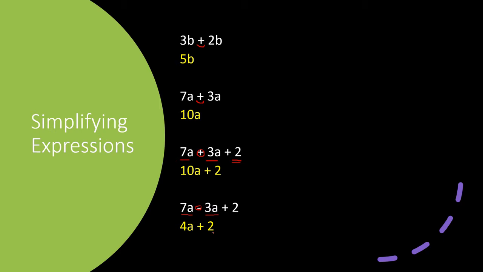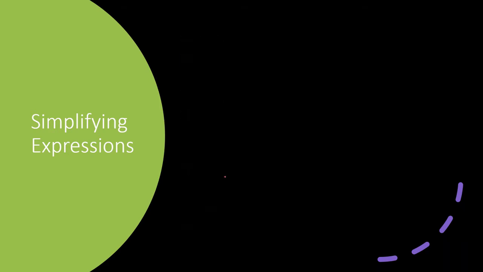Okay, let us look at other different examples. Now I have this expression, 6g minus 2g plus 3. As you can tell, these are like terms. We're going to combine them by subtracting them. 6g minus 2g is going to be equal to 4g, and that 3 is just going to come along for the ride. Very nice.